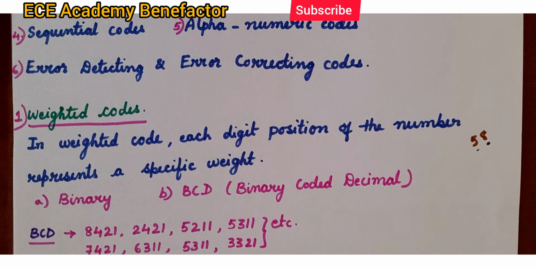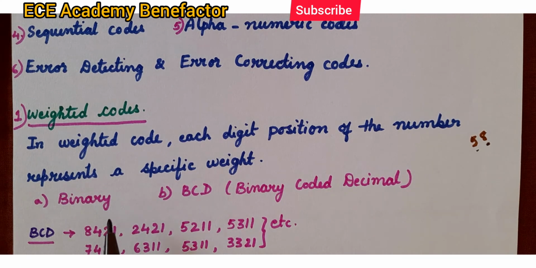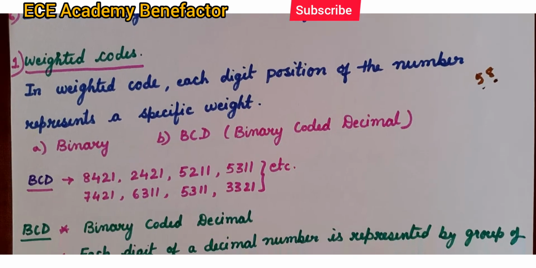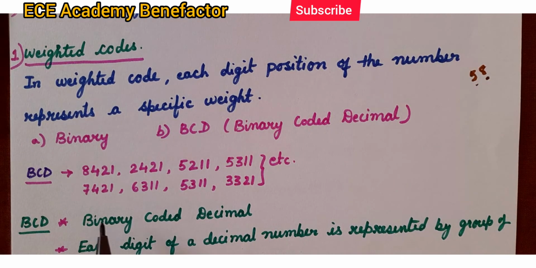There are two types of weighted codes: binary code and BCD code. BCD stands for binary coded decimal. There are different types of BCD codes, such as 8421, 7421, 2421, 6311, 5211, 5311, 3321 and so on.